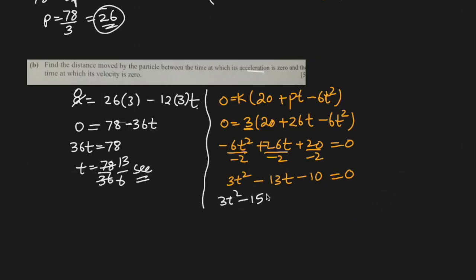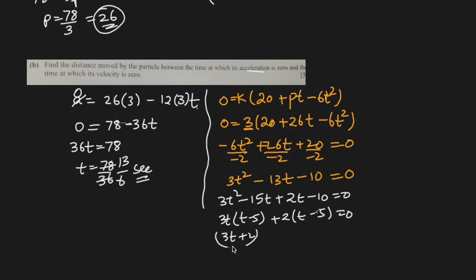Minus 15t plus 2t minus 10 equal to 0. 3t(t minus 5) plus 2(t minus 5) equal to 0. So (3t plus 2)(t minus 5) equal to 0.